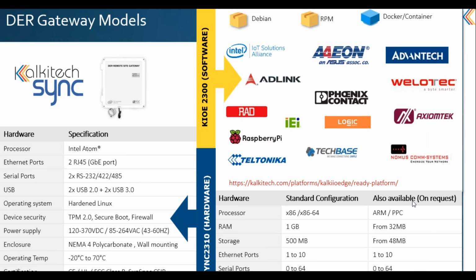It's available on request. There are a few hardware platforms also validated with these configurations, like AdLink, Vendec, RAD, Raspberry Pi, Phoenix, IEEE, and a few ODM hardware are also validated with the IEEE 2030 software.